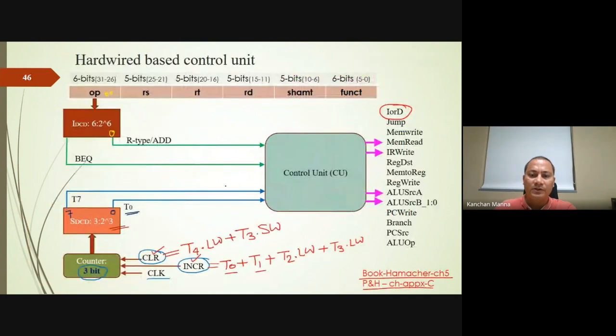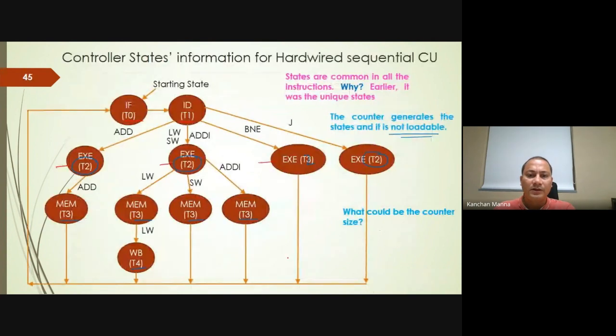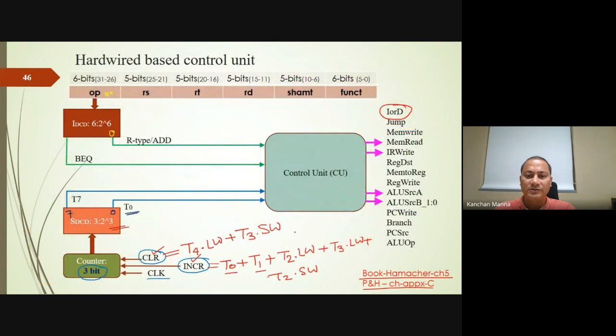SW's T2. So we have to write T2 dot SW. SW has this second state, then it will reach the third state, and then we have to clear the content. Because of that we have written this.